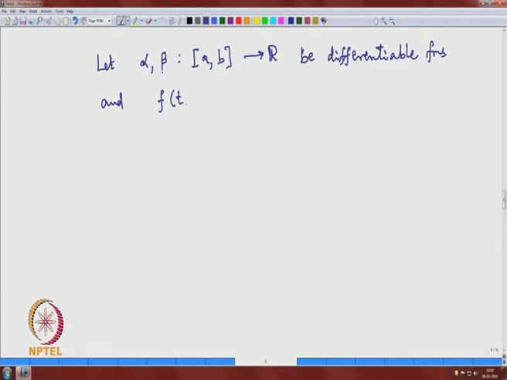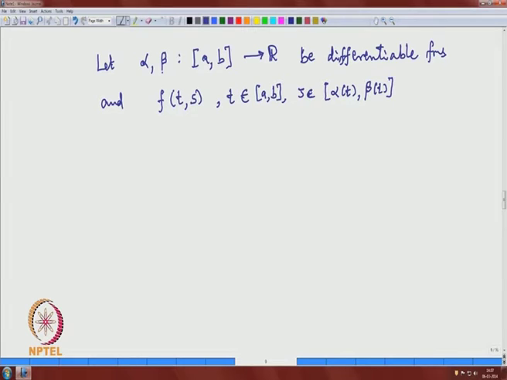So, (t, s), t belonging to [a, b], and s belonging to this interval from alpha(t) to beta(t). In this notation usually you assume that alpha(t) is less than beta(t).